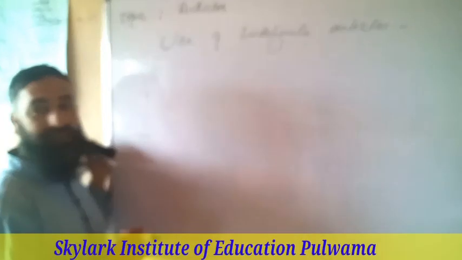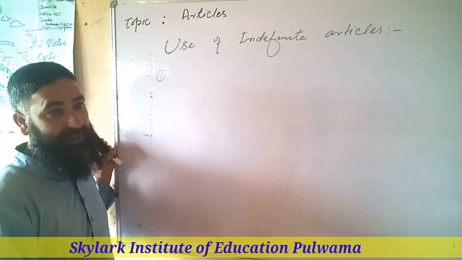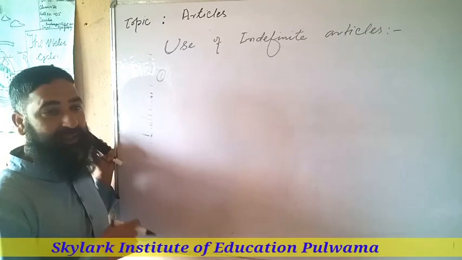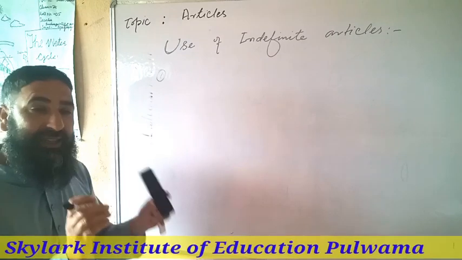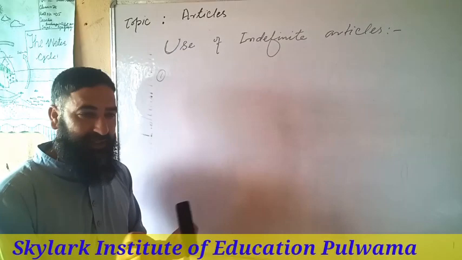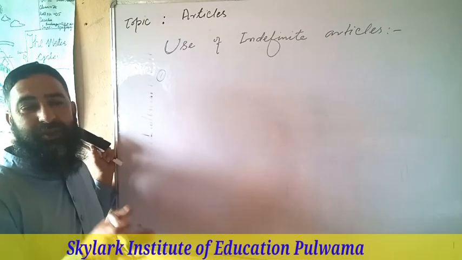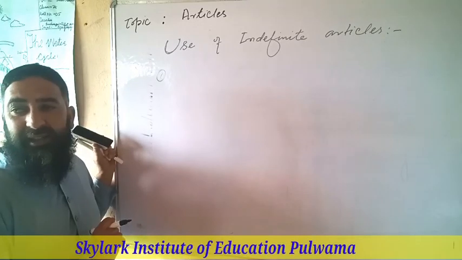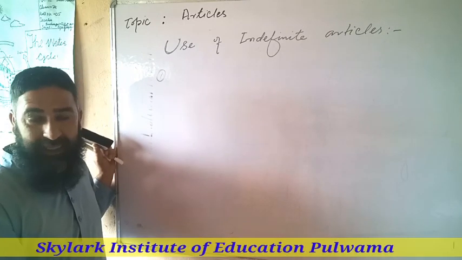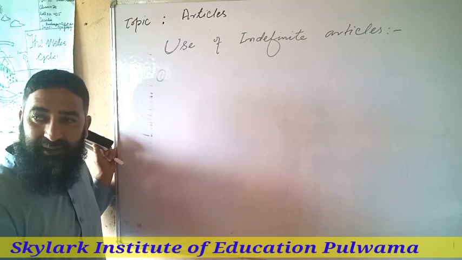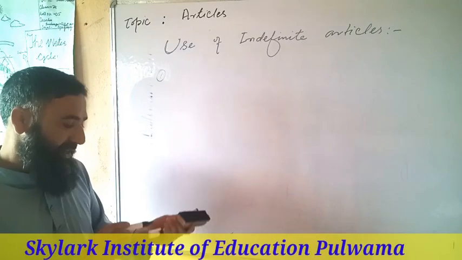This was the second. And third, with a noun complement. And then the fourth use is in certain expressions of quantity. So there are some certain expressions, some certain words. Before those expressions or words, we use the indefinite article. And then the last use is in exclamations, before a singular countable noun, and there also we use it.